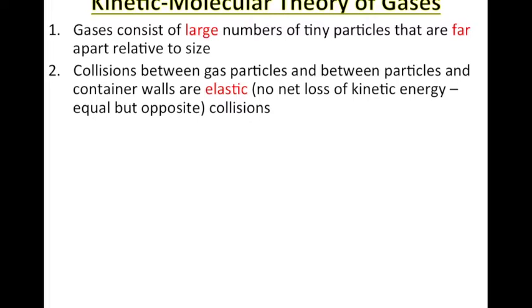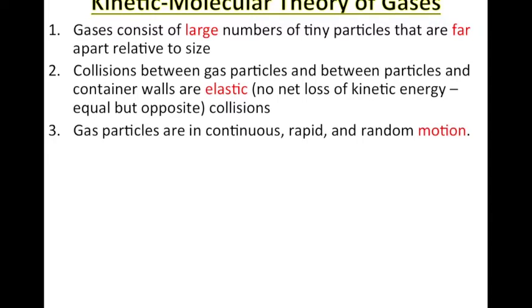It just means that however fast it was going, if it transfers some of that moving energy or kinetic energy to the other particle, none of that speed will be lost from all the particles. So one might slow down and one might speed up, but the overall kinetic energy in the container will remain the same.